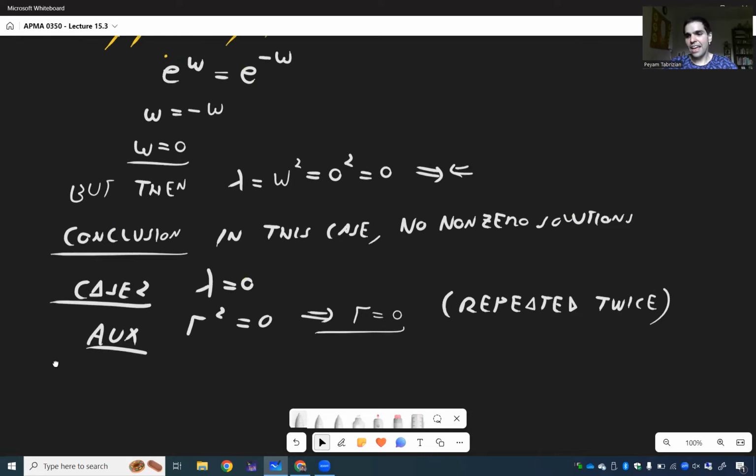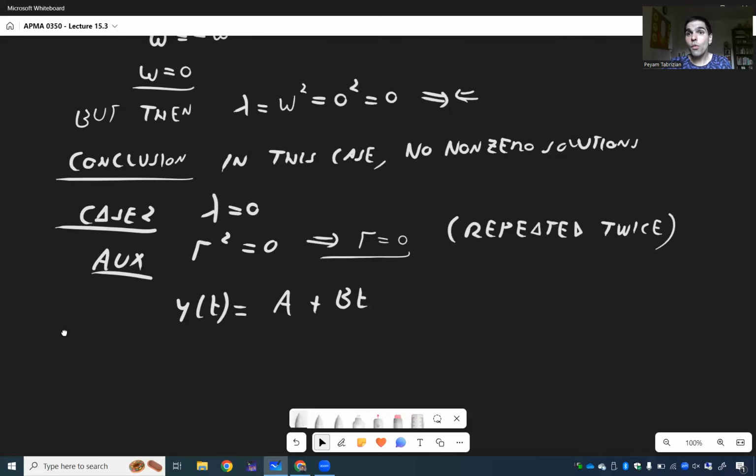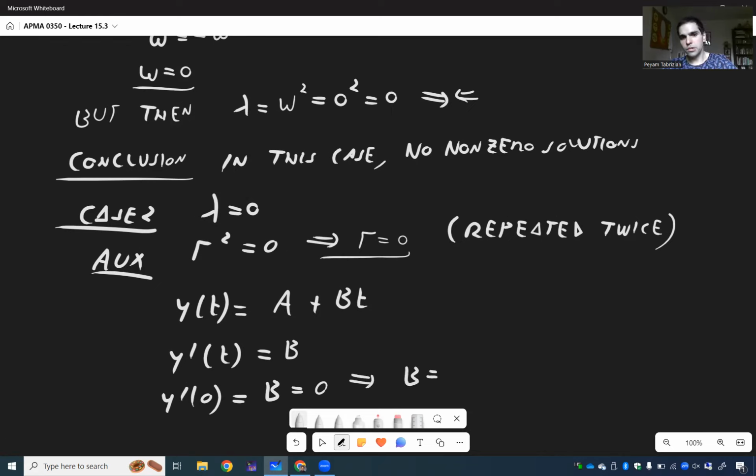So we then get, again, y of t is a e to the 0t plus bt e to the 0t, so just a plus bt. And remember, we need to calculate y prime of 0 and y prime of 1. So y prime of t here is b, and then y prime of 0 is b, which is 0. So in particular, b equals 0.